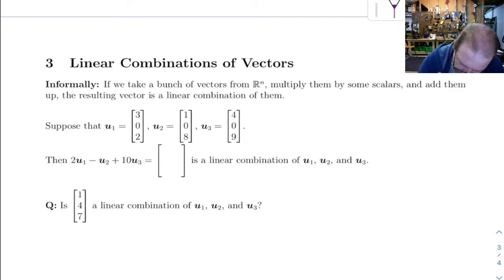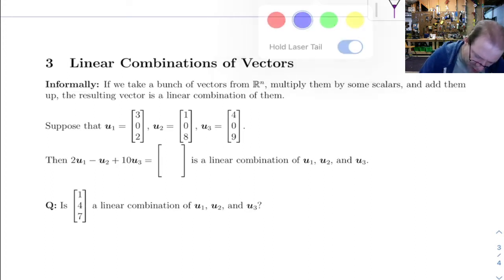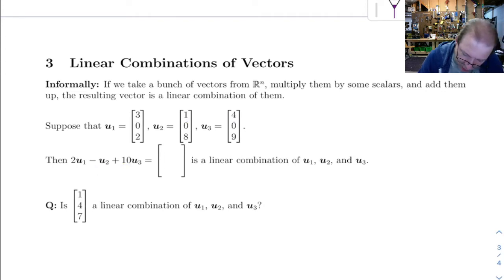So let's add this one up. The top entry here is going to be, let's see, 2 times 3 is 6, minus 1 is 5, plus 10 times 4 is 45. Okay, this next one's easy because it's 2 times 0 minus 0 plus 10 times 0.